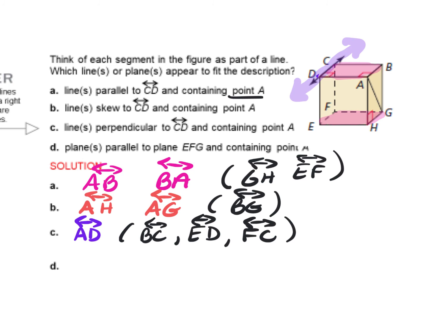And we can call this plane ADC. We could call it plane ABD, any one of the 3 of the 4 letters around the top. And again, include the word plane in front of those 3 points.